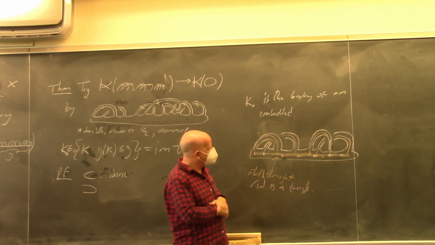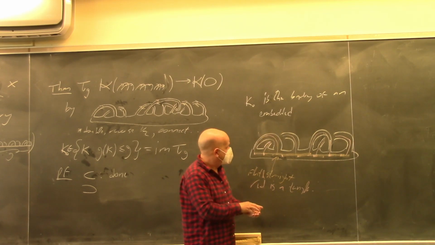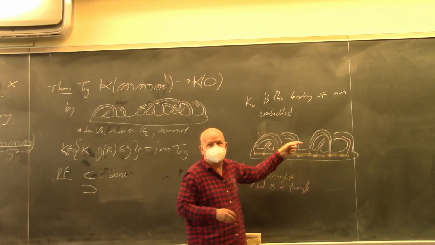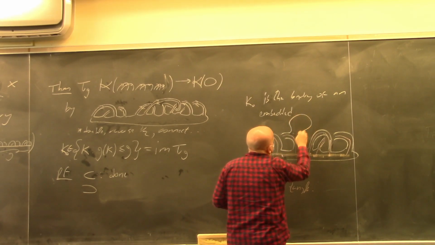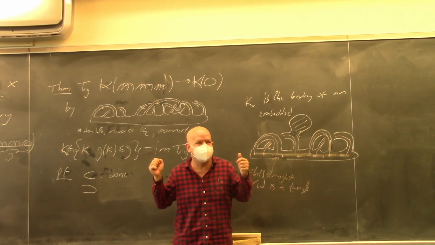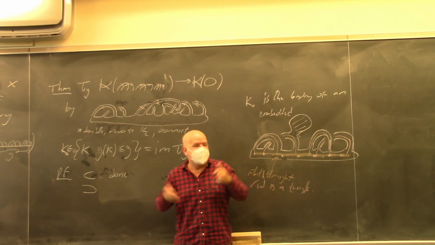So strictly speaking, this is an embedded surface. It doesn't have to look like this. In other words, the surface could have had ears, flaps. Think elephant ears, okay? But it doesn't matter.